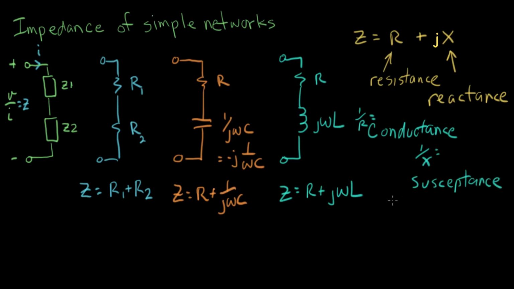Now, these are all just words that sound like they sort of mean the same thing, but engineers wanted to have different words for different parts of the impedance, and these are the words that we use. And finally, we have another word for the inverse of impedance, the general idea of 1 over Z, and that's referred to as admittance.